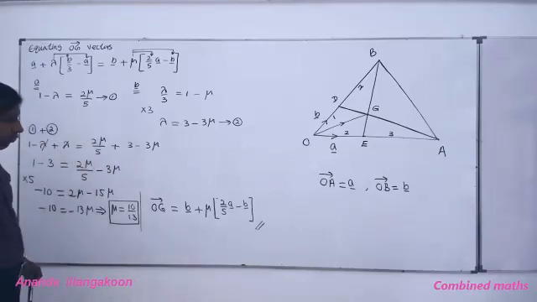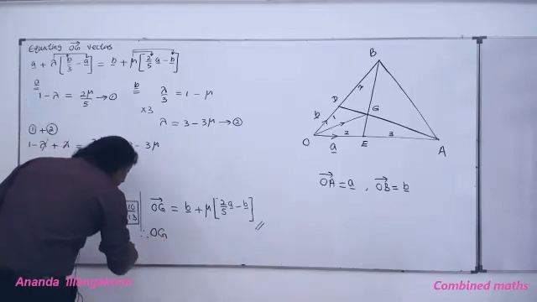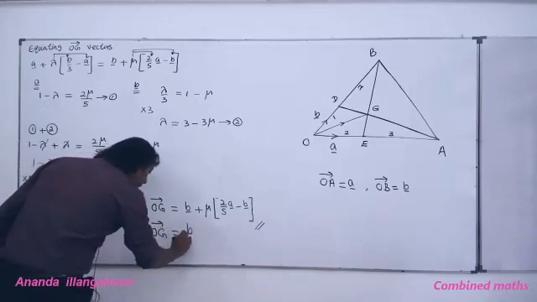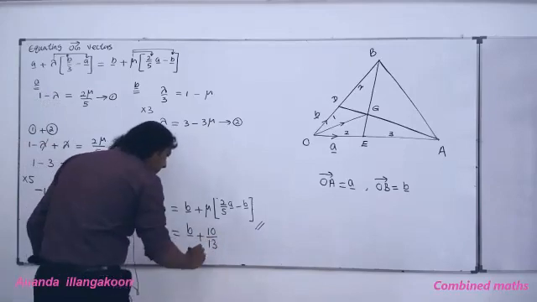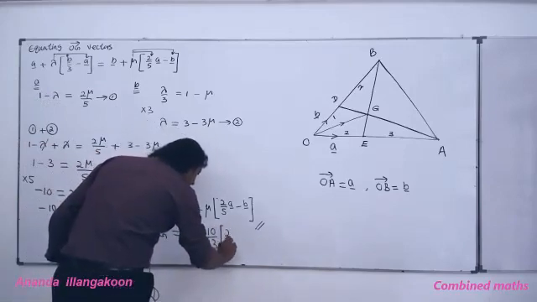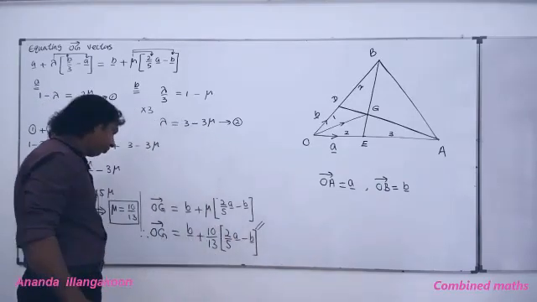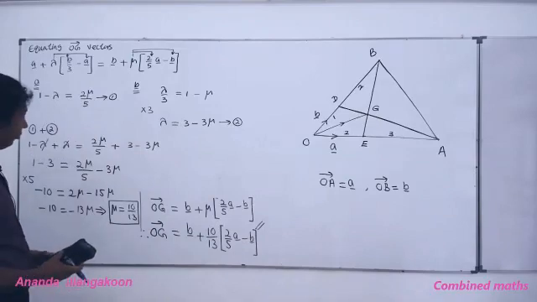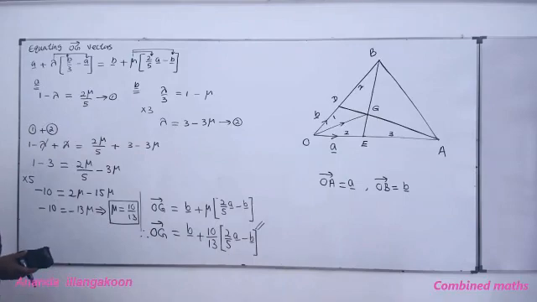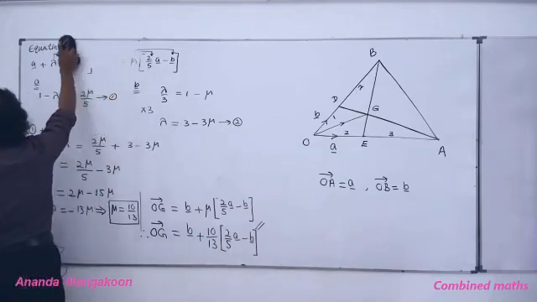Now I substitute for this mu here. Therefore, OG vector B plus mu, which is 10 by 13, times 5a minus b divided by 5.